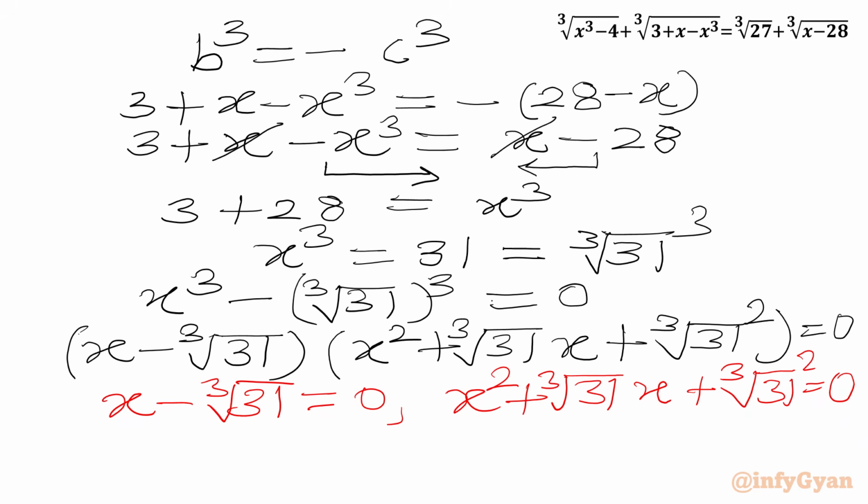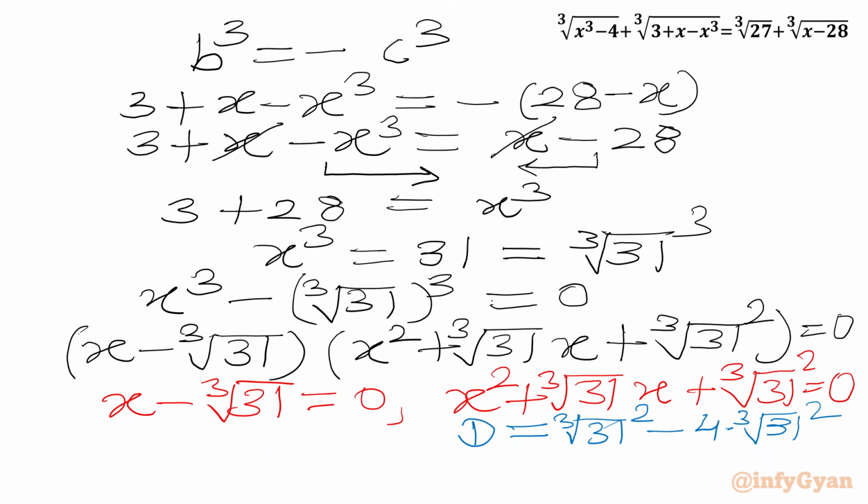If I will check discriminant value here for the second equation, d will be equal to b square minus 4ac. So we can write here cube root 31 whole square minus 4 times 1 times cube root of 31 whole square. So 1 times cube root 31 square minus 4 times cube root 31 square.